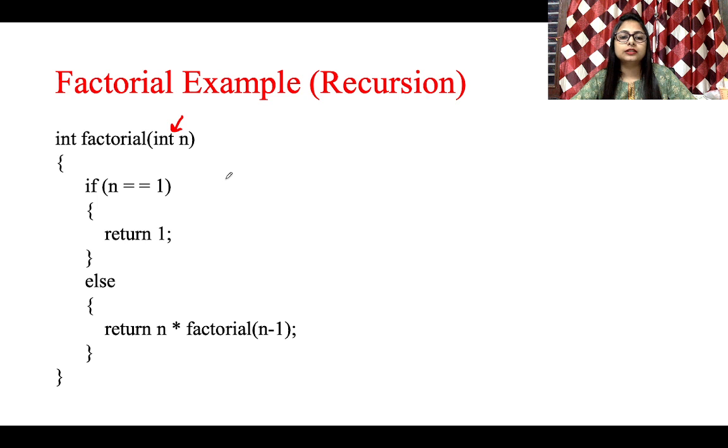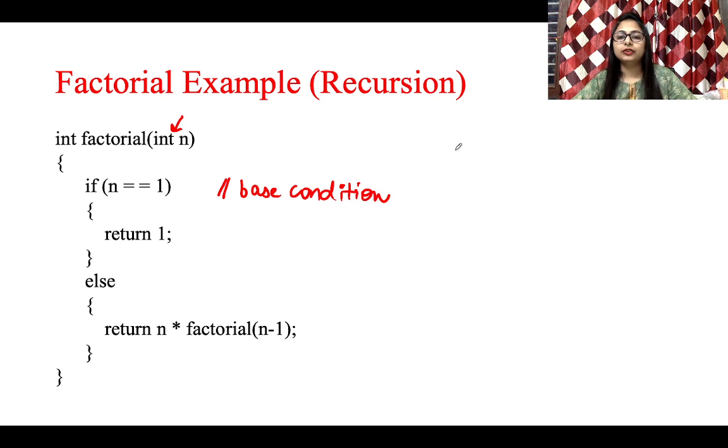See, this is the base condition here. What is the base condition? When my n becomes 1, we will stop, or we will return 1 here. Otherwise, similarly to before, we compute n into factorial of n minus 1.